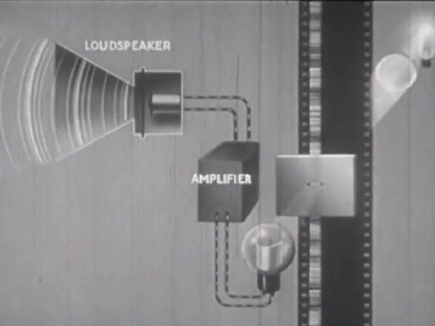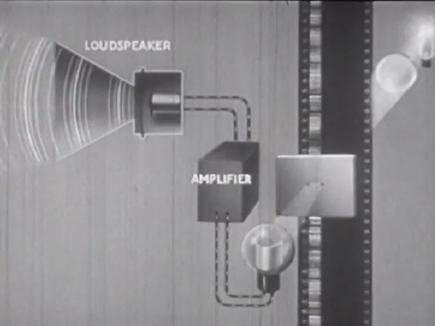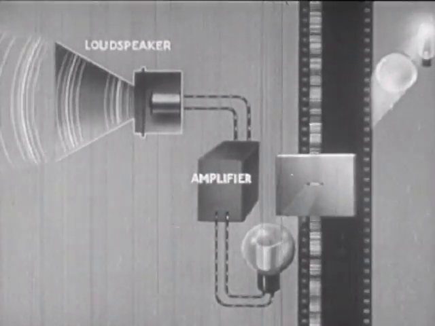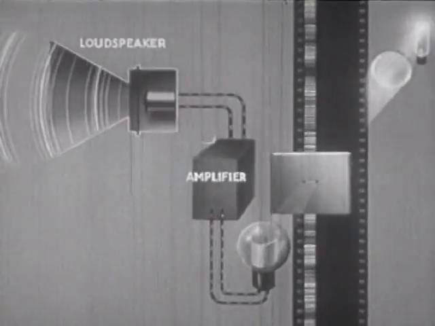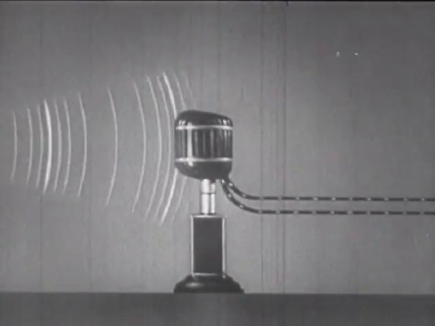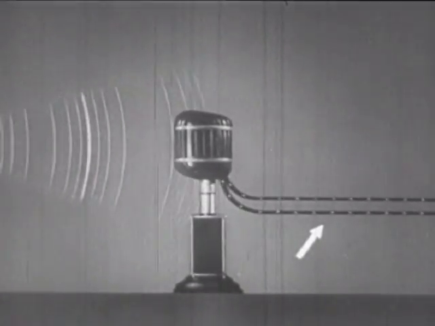The loudspeaker converts the varying electrical current into sound waves, which are the counterpart of the sound waves falling on the microphone in the recording studio. To review, in the recording process, the original sound waves are converted to varying electrical current.